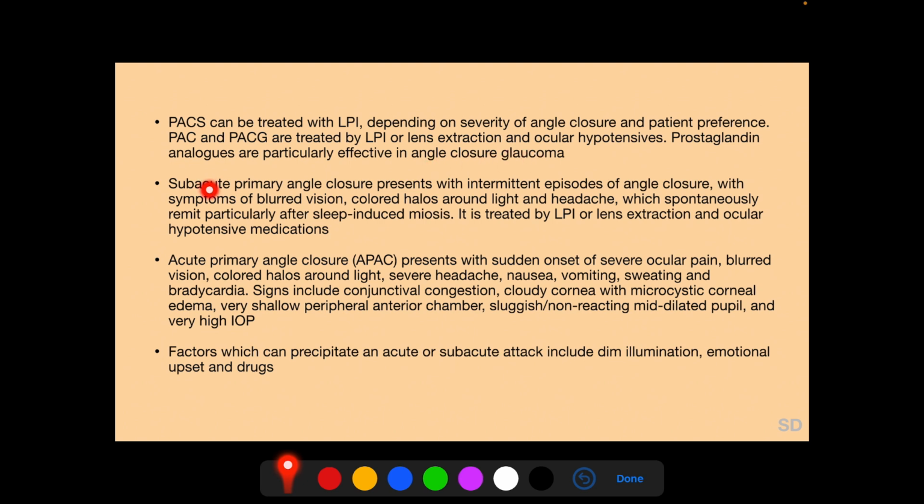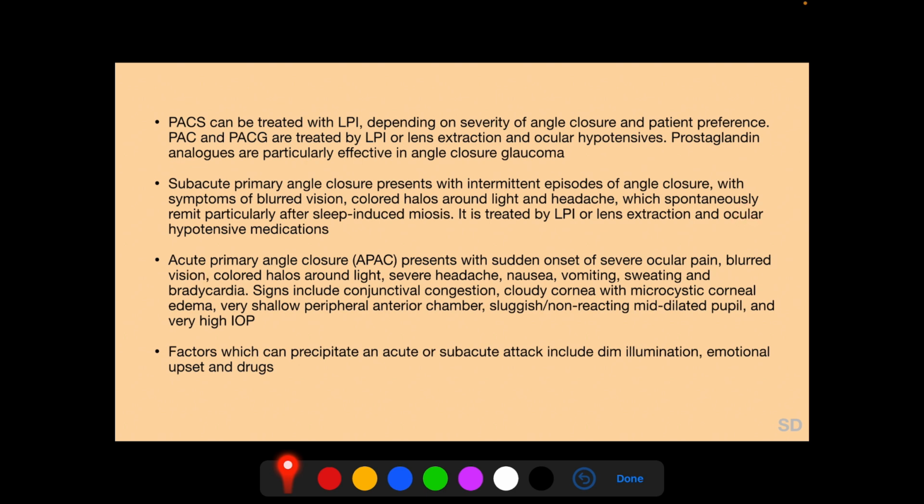Subacute primary angle closure presents with intermittent episodes of angle closure with symptoms of blurred vision, colored halos around light, and headache, which spontaneously remit particularly after sleep-induced miosis. Subacute primary angle closure is treated by LPI or lens extraction and with ocular hypotensive medications as required.